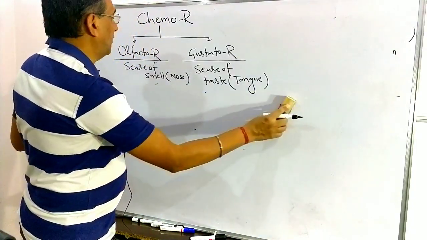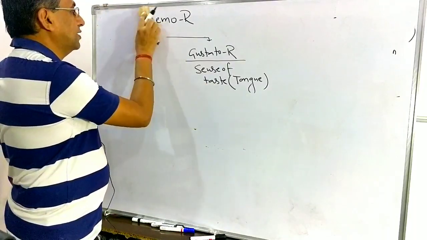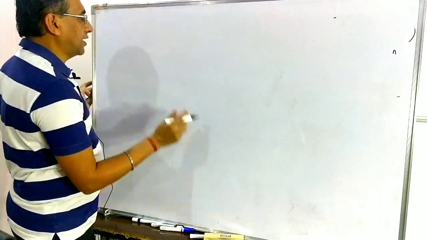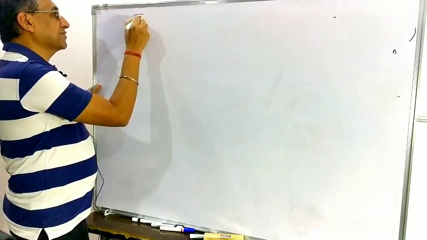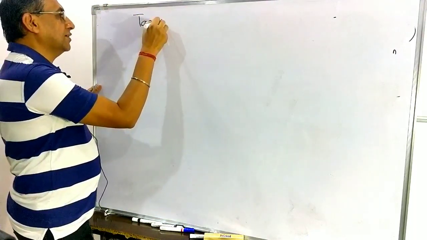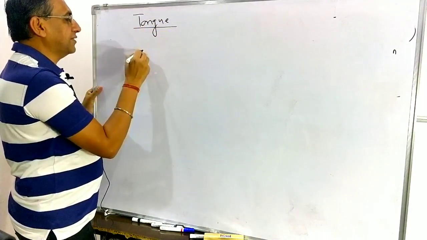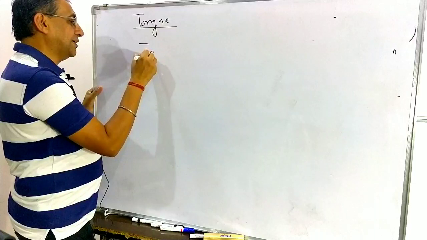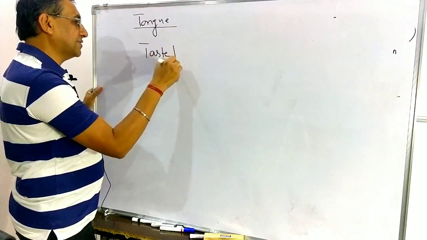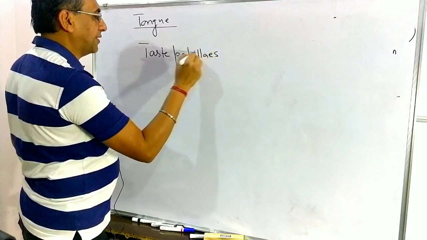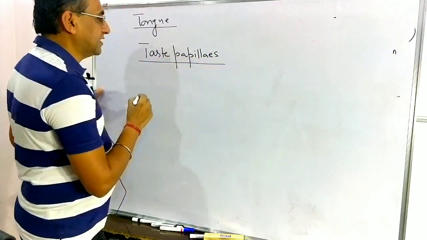So now, after the olfactory receptor, we are going to discuss the gustatory receptor, that is the tongue. Related with the sense of taste, the organ is the tongue. On the tongue, taste papillae are present. What are the taste papillae?